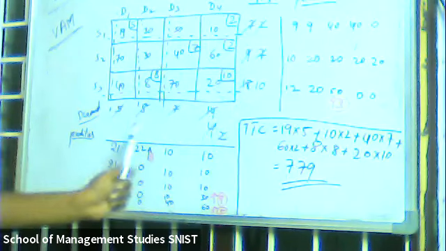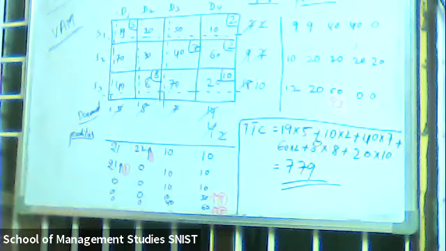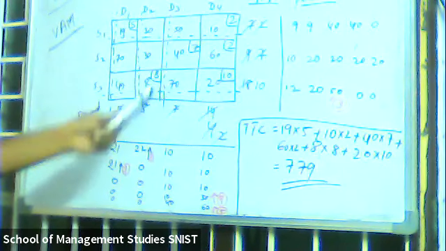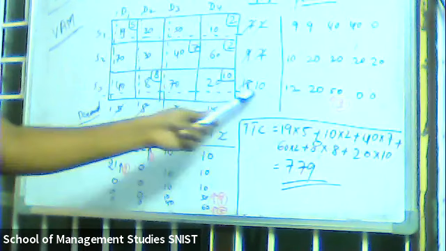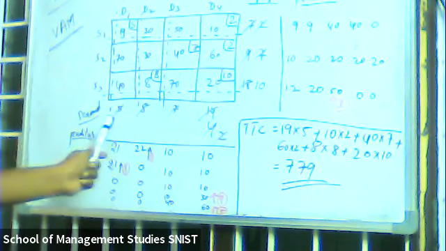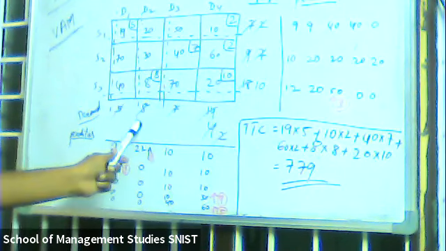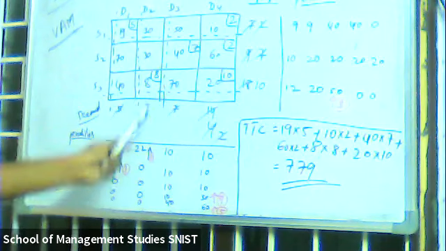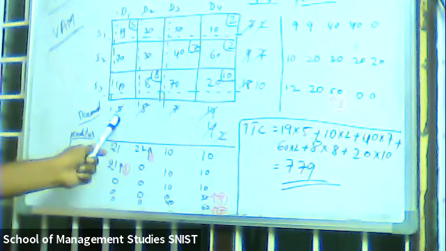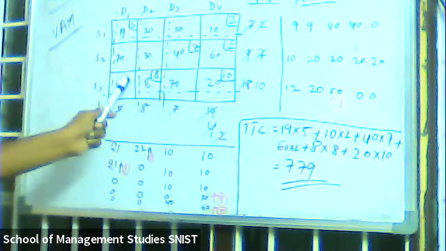Whichever demand and supply is less, we have to consider that one. If you take 8 and 18 here, and 15 and 18 there, which one is the minimum? 8 is the minimum, so you have to consider this only. Suppose if it is 3, then you have to consider that. That's it. Clear?